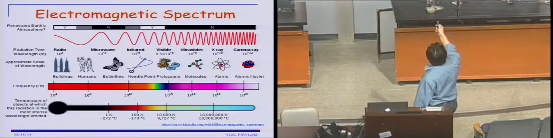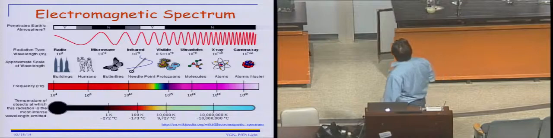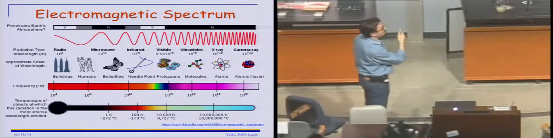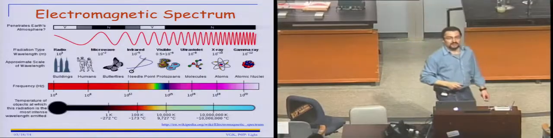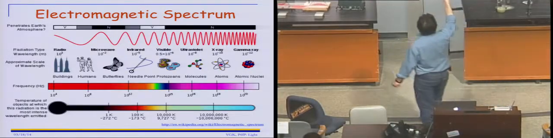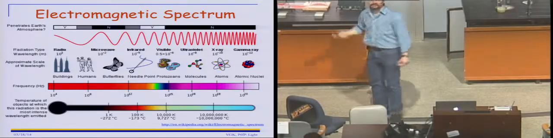As you reduce the wavelengths yet again and increase the frequency, we move into the ultraviolet region, and then to X-rays and the gamma rays.